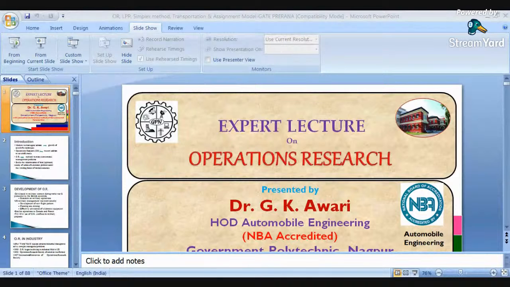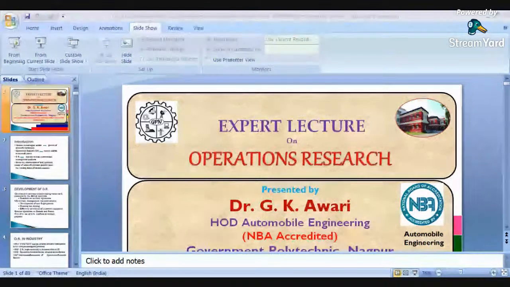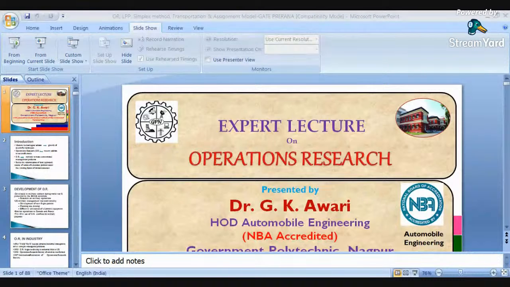Then the mathematical model. The decision variables of the system under consideration are represented by mathematical equations or inequations. For example, a linear programming model to decide the product mix problem, and what we used to solve in mathematics, like the age of the father is 50, the age of the son is 30, find out the ages of something else like that.